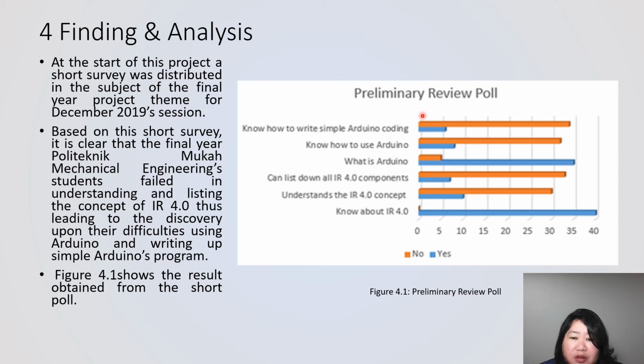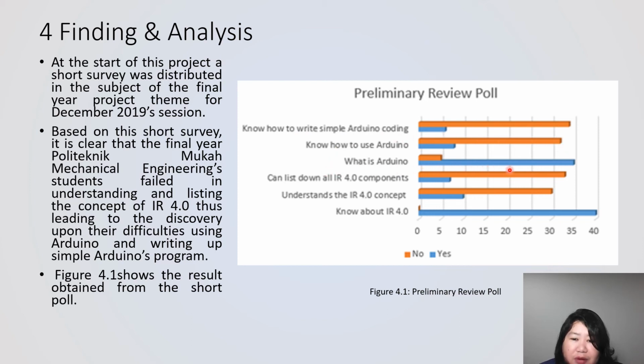Most of the students are yellow, and orange will be for the students that answered no in the review. So almost all of the students do not know how to write simple Arduino coding, and most of the students also do not know how to use Arduino.